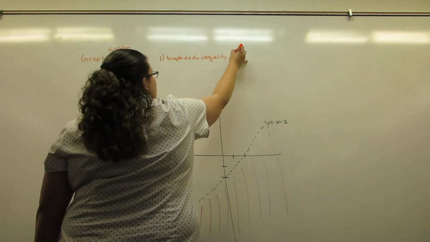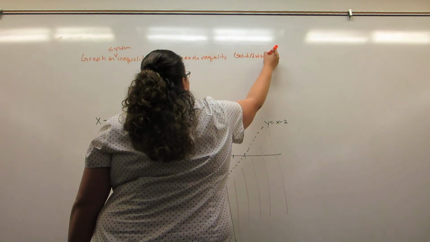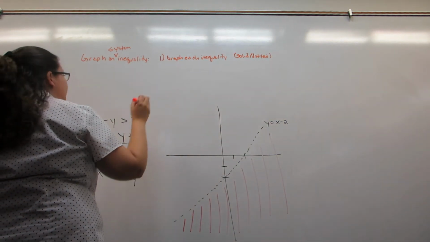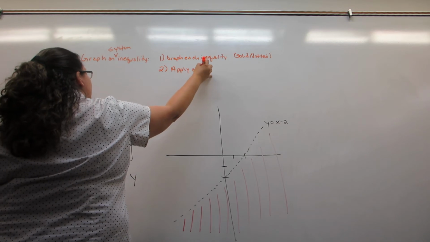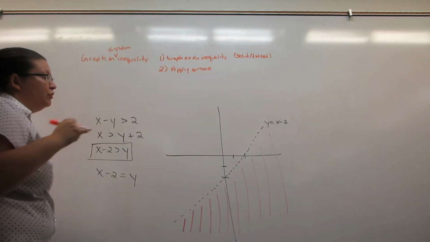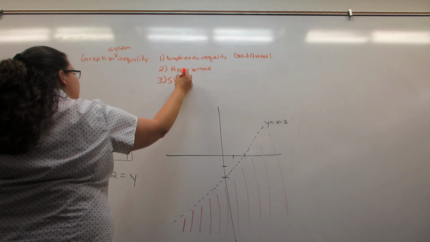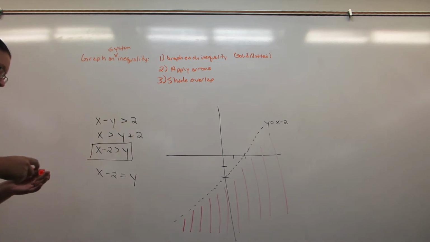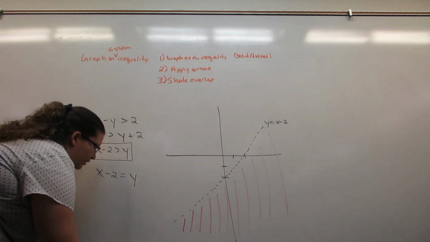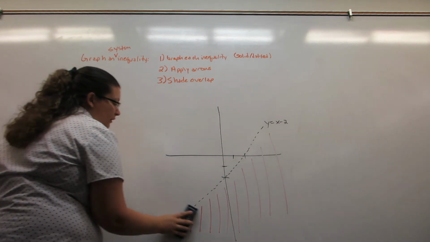This, of course, means that you have to decide if they are solid or dotted. Second of all, we're going to apply arrows indicating which direction I would shade if it were just that inequality alone. And third, I'm going to shade the overlap. Okay. All right, so let's do an example of solving a system of inequalities by graphing.